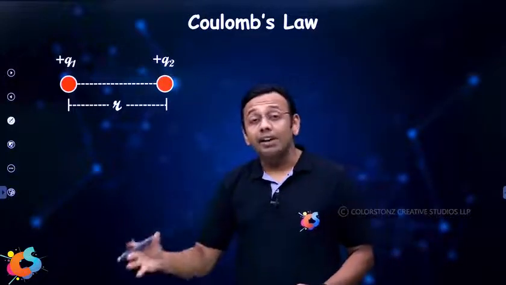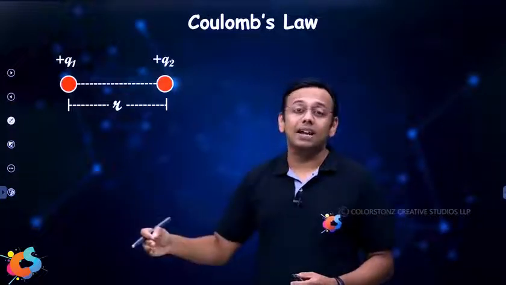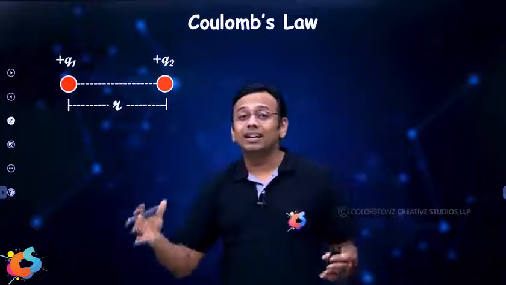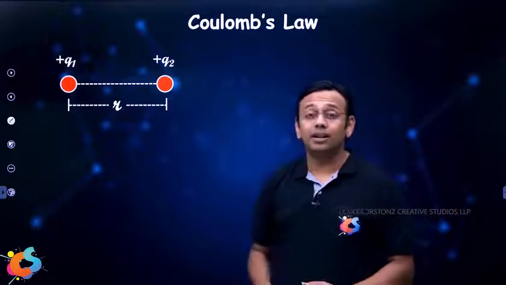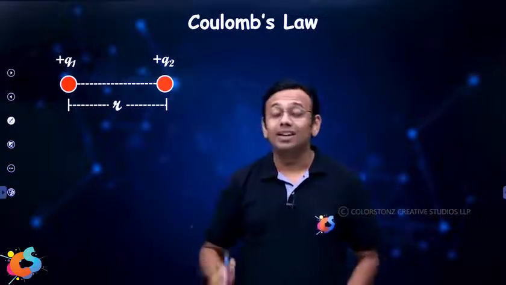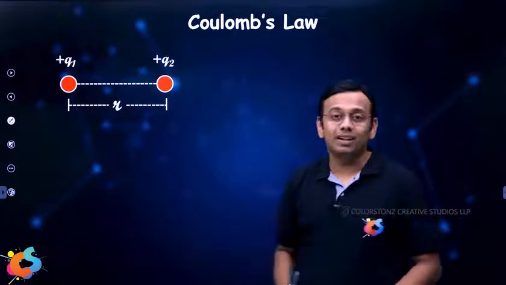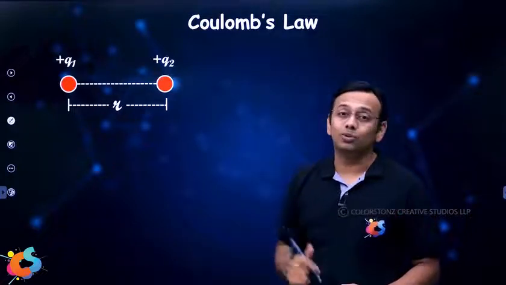Now, as per Coulomb's law, the magnitude of electrostatic force acting between these two particles, the electrostatic interaction or the Coulombic force, will depend on two very important factors. The first factor is of course the charge of each particle, or we can say the product of the charges of the two particles.